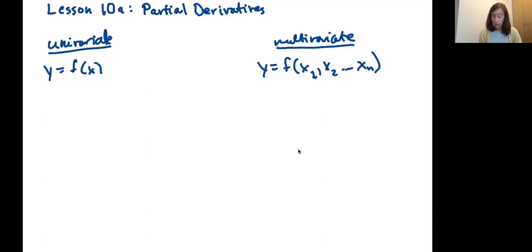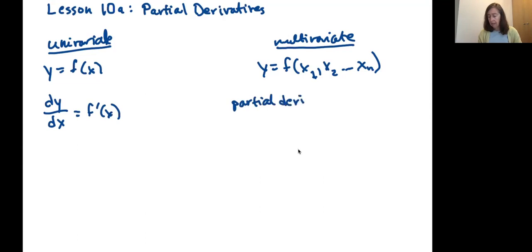Okay, so if we want the equivalent of the derivative in univariate calculus, what we have on the multivariate side is a partial derivative. And it's a partial derivative in the sense that we're changing part of the set of domain variables and holding all of the others constant.